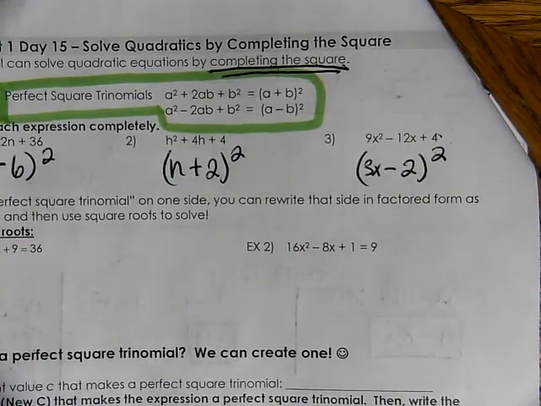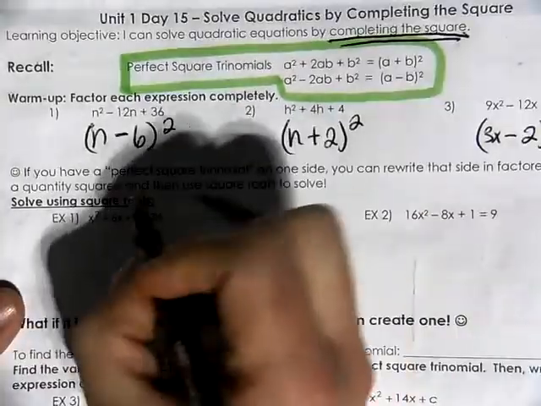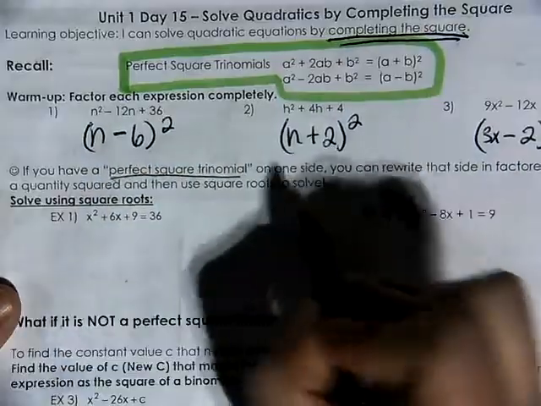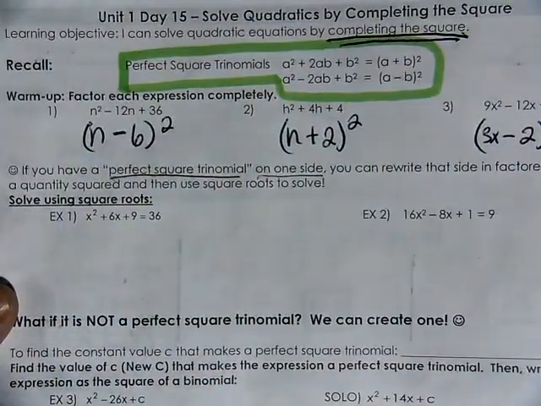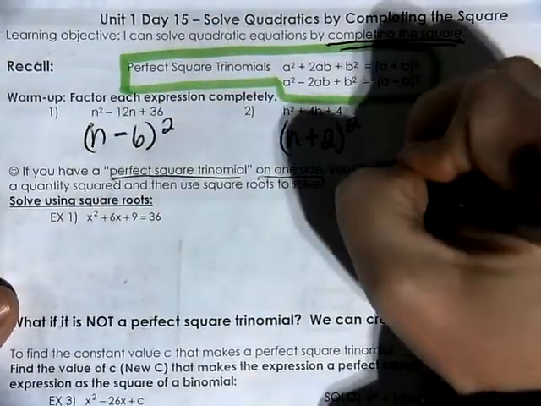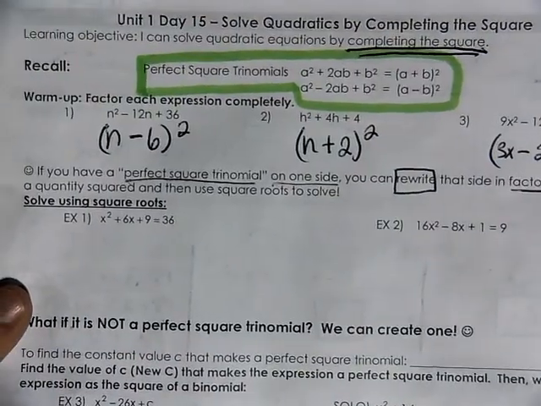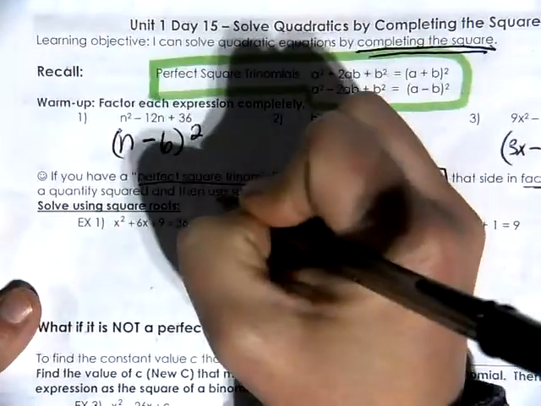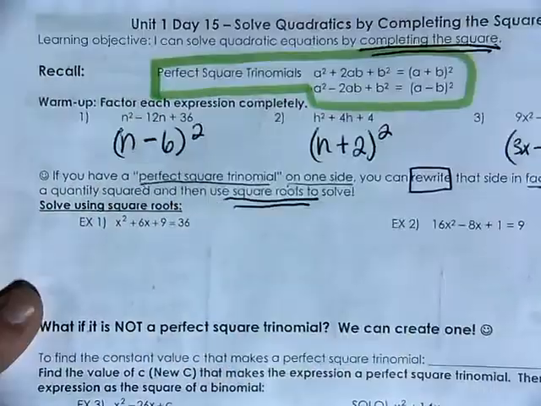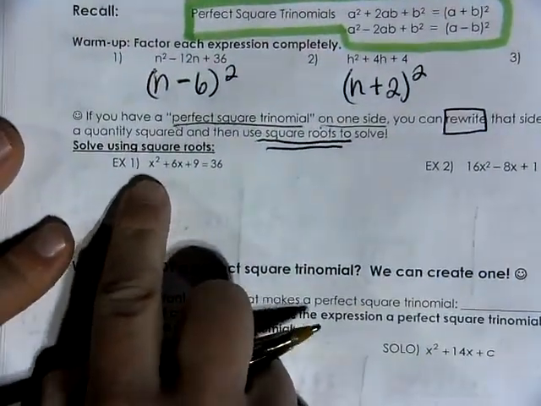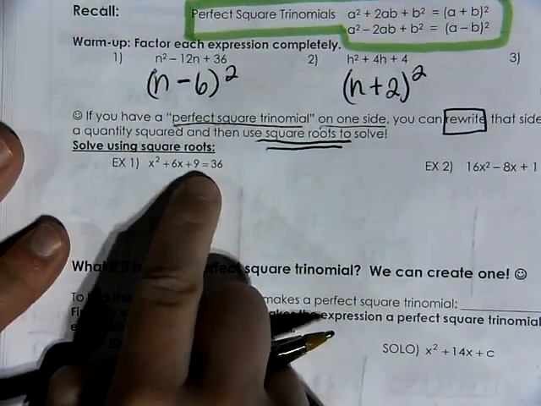And what's really cool is that if you have a perfect square trinomial on one side of your equation, you can rewrite that side in factored form as a quantity squared and then use square roots in order to solve. So like in example number 1, we have x squared plus 6x plus 9.